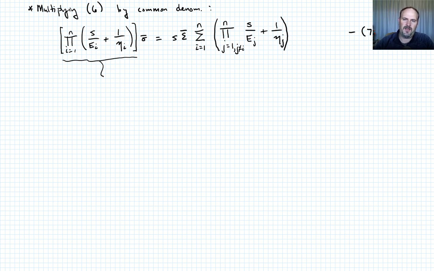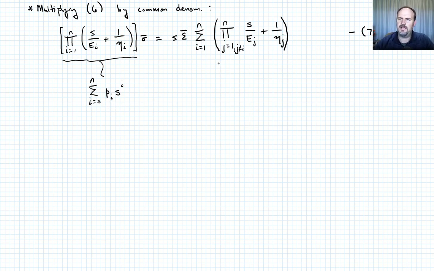So if I have the product from 1 to n of all these constants times s plus a constant, that really is just a polynomial of order n. Well, we can easily write that. So this must be the sum from i equals 0 to n of, let's call it p sub i, times s to the i, where this is our polynomial coefficient, whatever that happens to be.